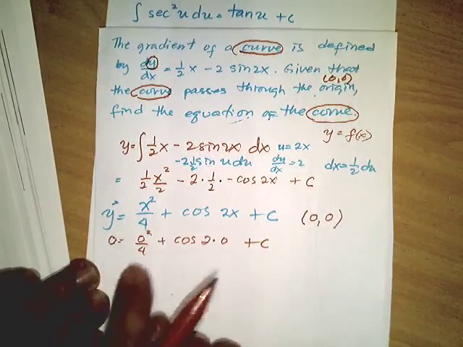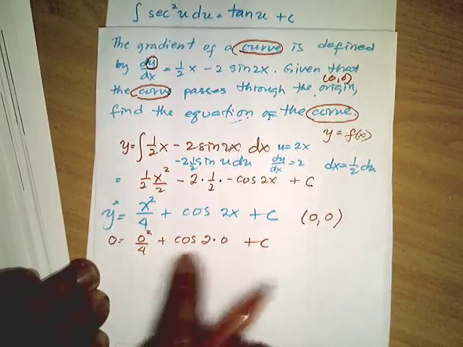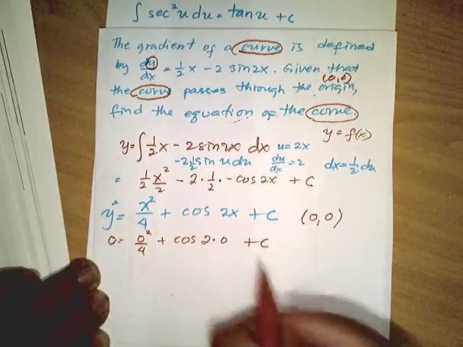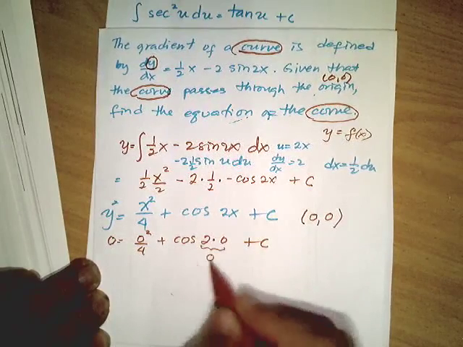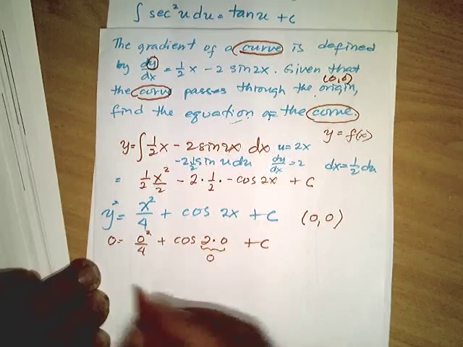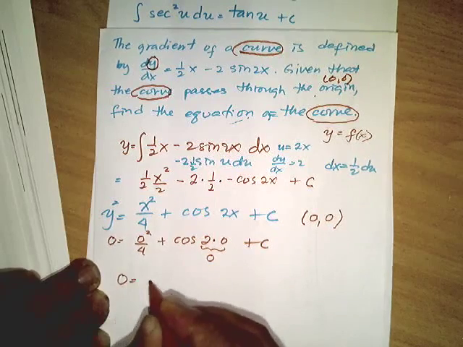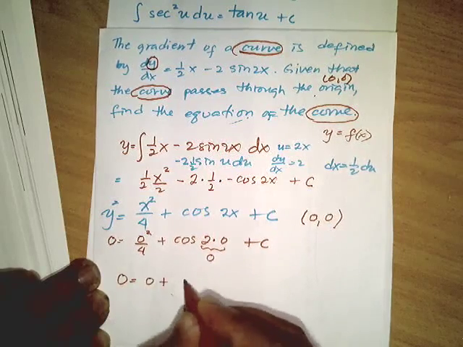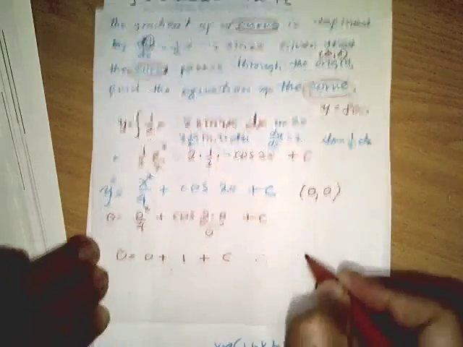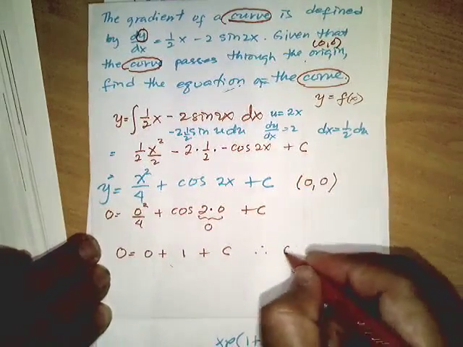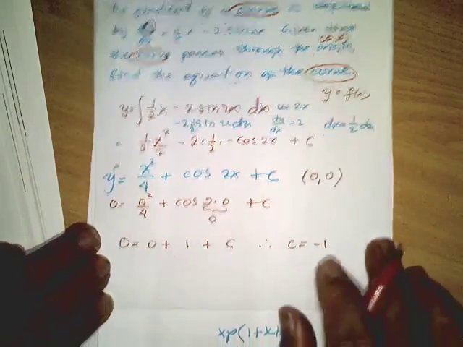So that is 0, this is 0, plus cosine of 2 times 0. Cosine of 0 is equal to 1. So 0 equals 0 plus 1 plus c. Therefore, c is equal to negative 1.